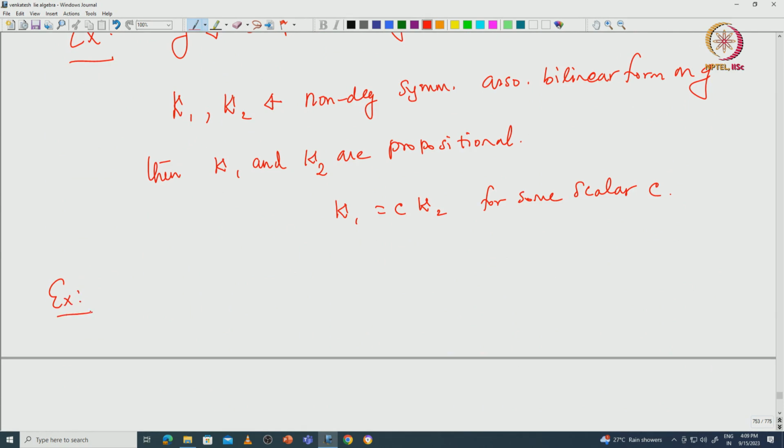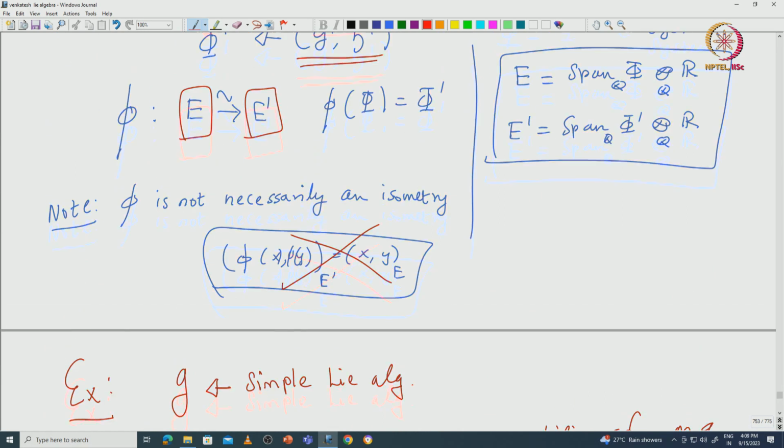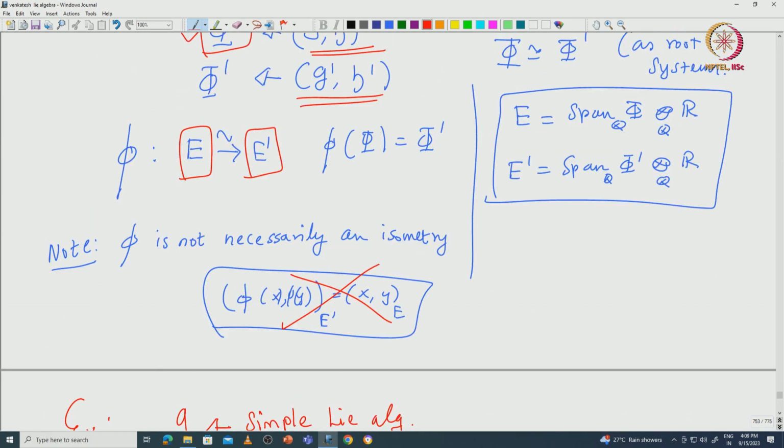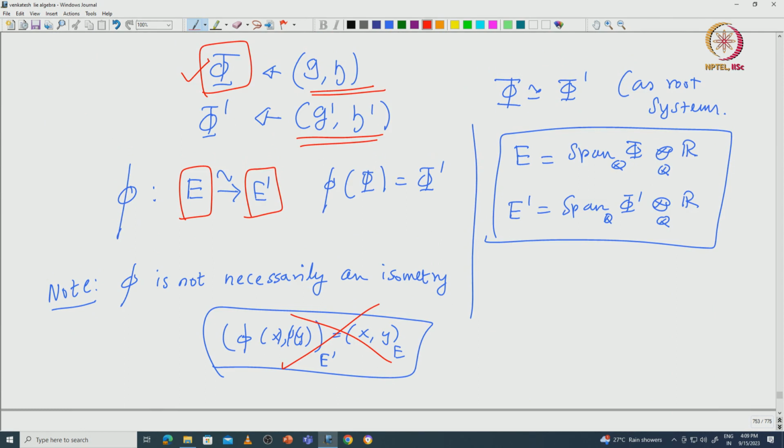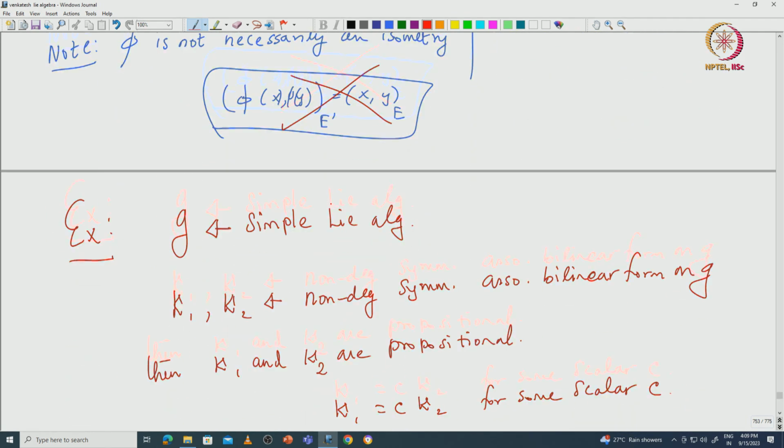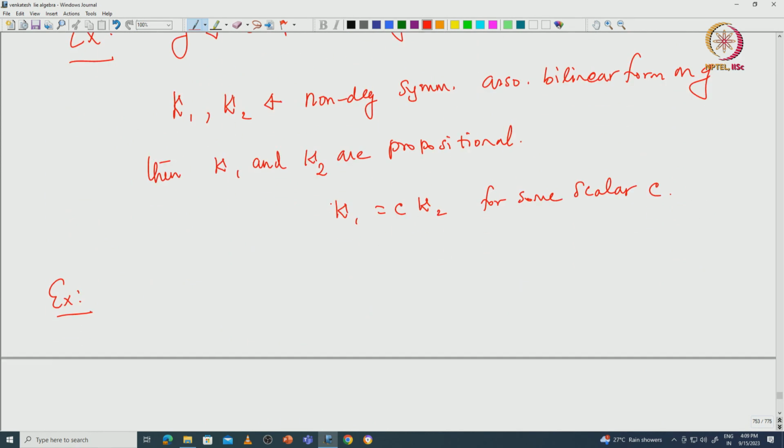Because we have this isomorphism of these root systems, which maps phi to phi dash, and both phi and phi dash are irreducible, the ideas are similar to the ideas used here. Maybe I will leave it as an exercise.